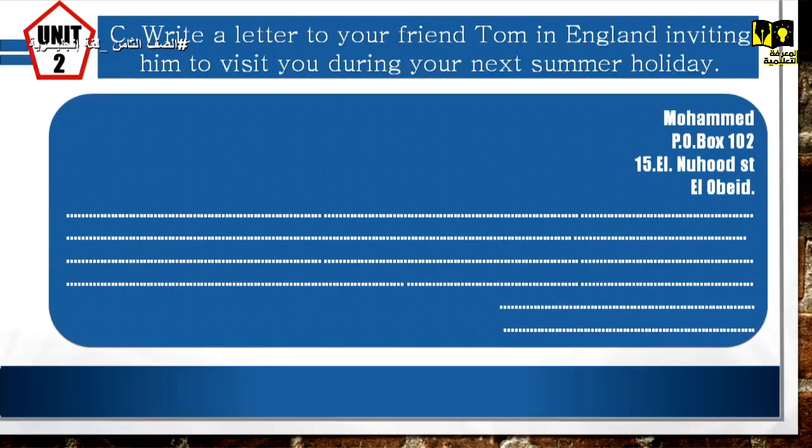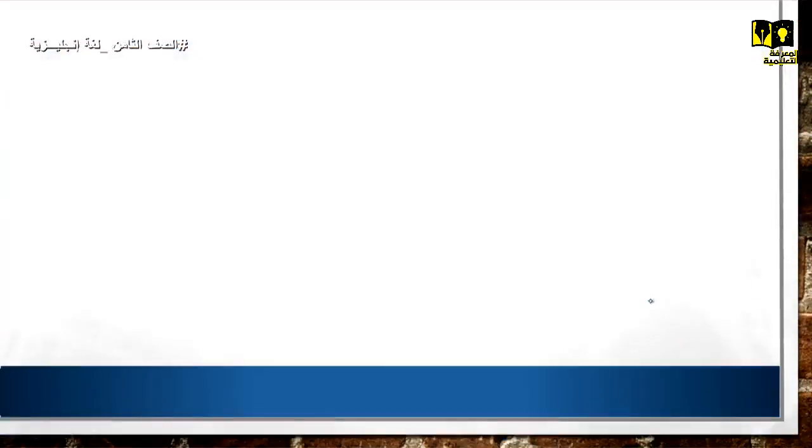This is your address here, 15 Al-Nuhud Street, Al-Ubaid, and immediately here you write what? You write the date, okay? And you write your letter on the other lines, and before you write it, you write dear. Dear who? Who is your friend in England? That's Tom. You write dear Tom, right?